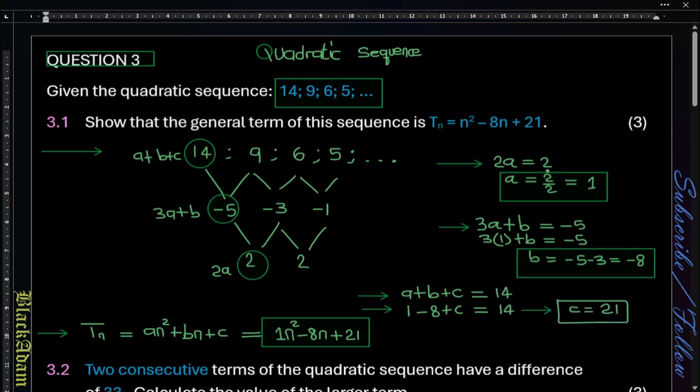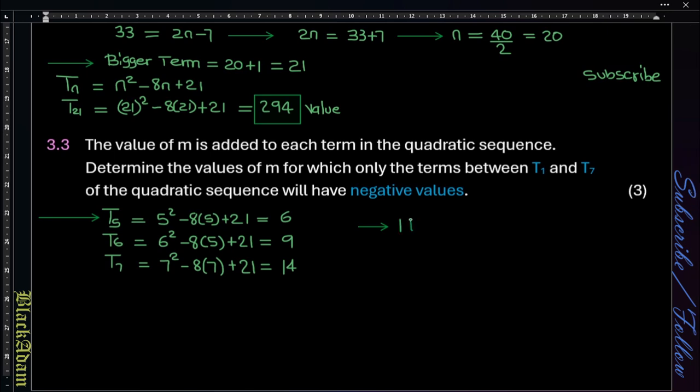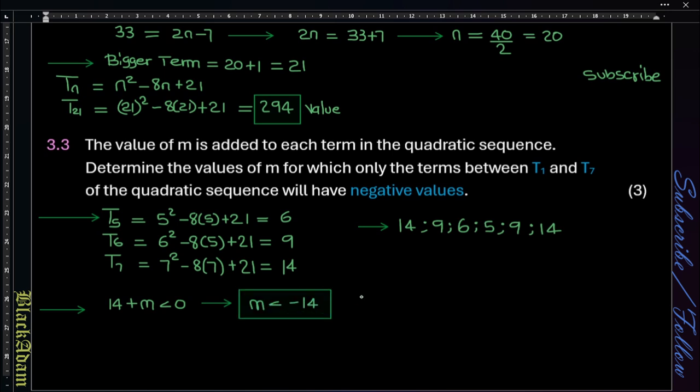So our values there, we have 14, 9, 6 and 5. For T6, remember that you should put 6 all over. So that's going to be 14 plus m is less than 0, so m is going to be less than negative 14. So that's the smallest value.